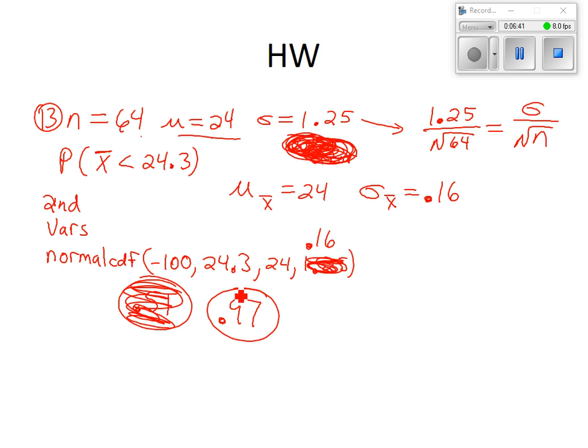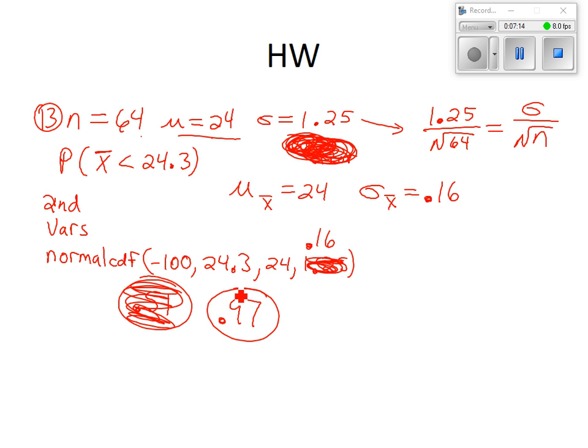So what we're saying, again, for this problem, just reading through this, for a sample of 64, if we pick 64 out of this sample, and we do it over and over again, we would expect our sample mean to be less than 24.3 about 97% of the time.